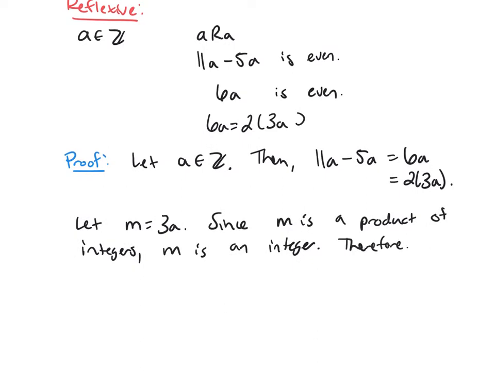So what have we got? We've got that 11A minus 5A equals 2 times M, where M is an integer.